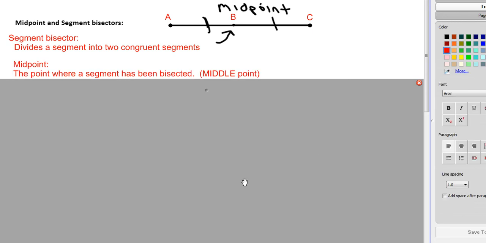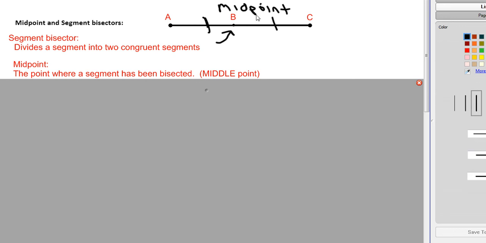Okay, you definitely want to have those definitions in your notes, and you also want to have these markings on a picture of a segment, because you have to be able to identify them and know that they mean that AB is congruent to BC. So let me write that for you. AB is congruent to segment BC.